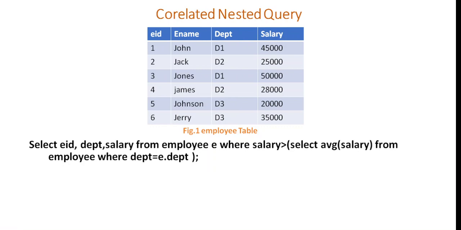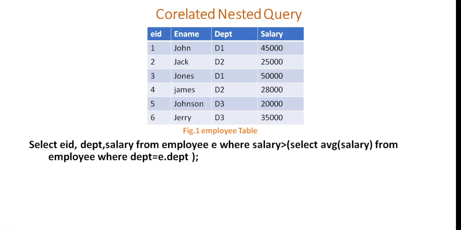So first I'll take the average salary of these two employees. Both employees are working in the same department, that is the D1 department. So I want to find out the employee whose salary is greater than the average salary of the D1 department. Here we need to find the department-wise average salary.